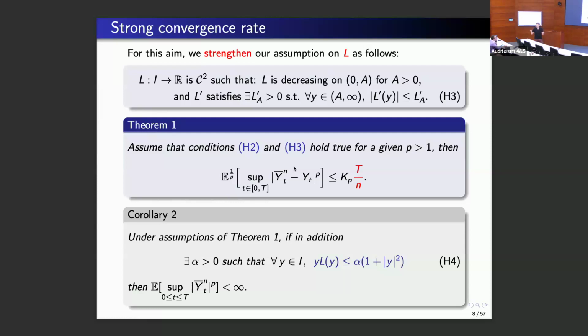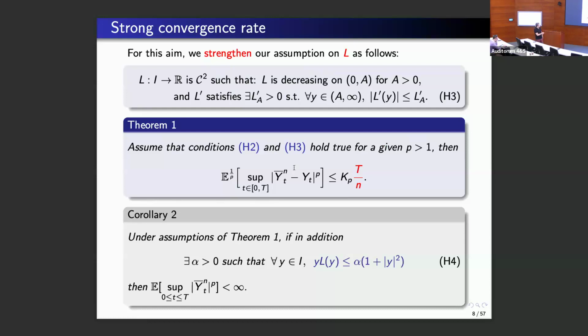So think for 1 of x, L of x is essentially 1 over x. So thanks to this assumption, and of course the previous one that I showed that guarantees that your process is still in 0 to plus infinity, we prove that you keep the rate of convergence. The strong rate of convergence is still of order 1.